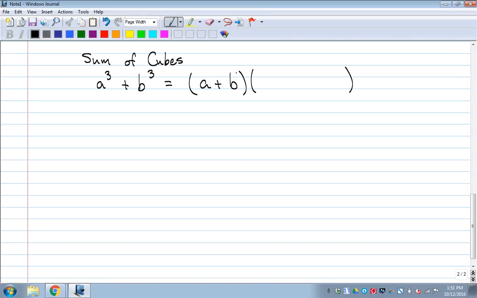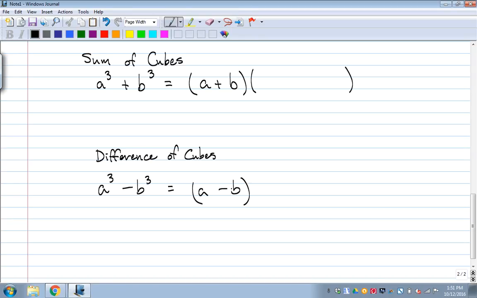On the difference of cubes, the pattern's the same. That's a cubed minus b cubed. The short piece, a minus b. It's always the same. The longer piece, I'm just going to tell you how I remember this, how I memorized it.